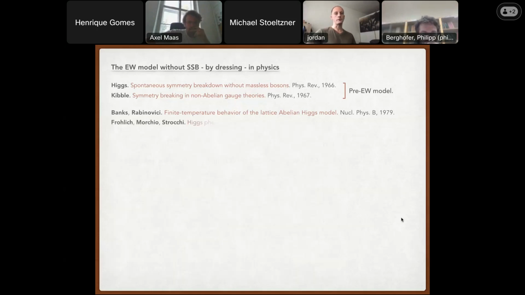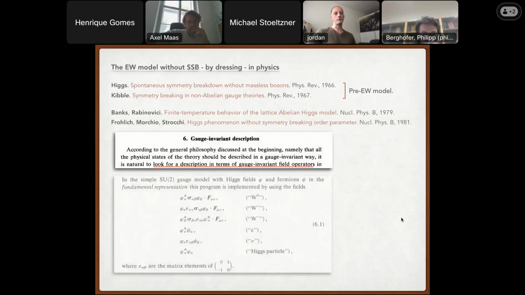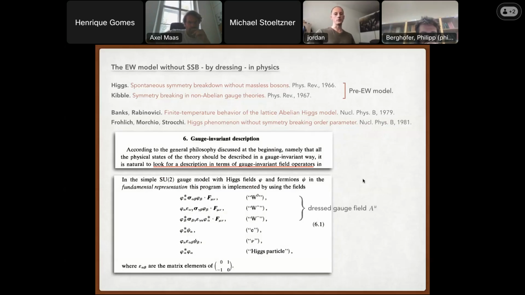After that, you have, of course, the very famous paper by Fröhlich, Morchio and Strocchi. There is another one of the same year, I think, or the next year, in which they very soundly propose that we should try to find a description in terms of gauge invariant field operators, and they give a list in components, and so we could recognize that those three variables, for example, this being the Z0, are components of the dressed gauge fields, that those two would be the components of the dressed left fermions, and this is just the modulus of the scalar field that we had in my demonstration just before.